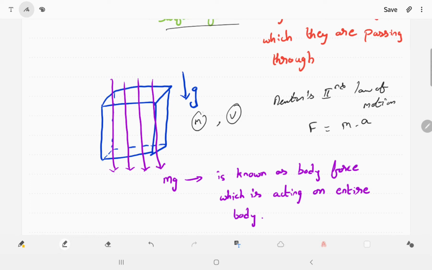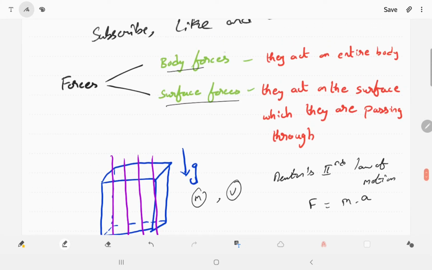As we have gravity in this direction, the force acting is mg. Generally this mg does not act on only one surface, but on the entire body. It means it acts on all surfaces. Such types of forces are known as body forces.